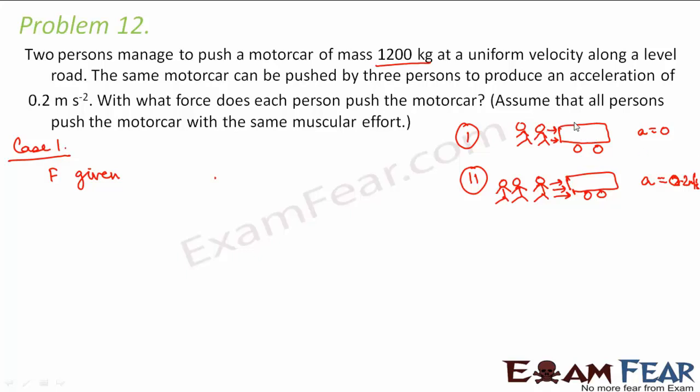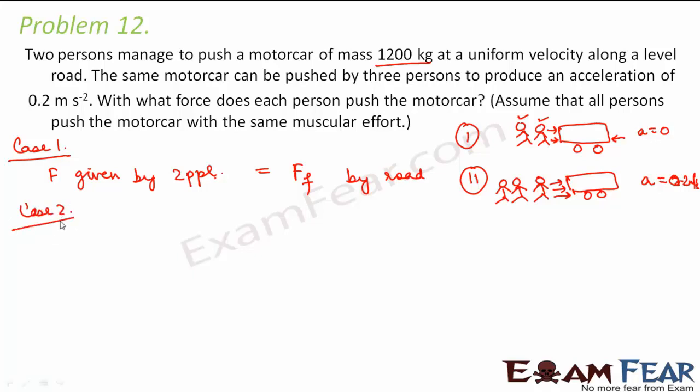Net force 0 means the total force given by these 2 persons will be equal and opposite to the force of friction, which is acting in the opposite direction. So we can say that the force given by 2 persons will be equal to the force of friction, which will be exerted by the load on the vehicle.